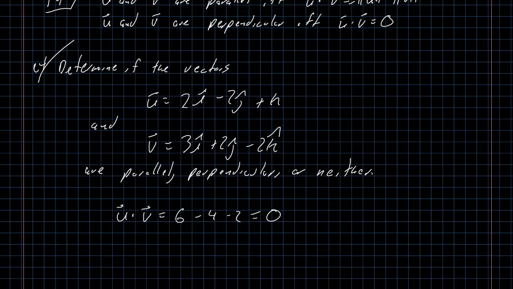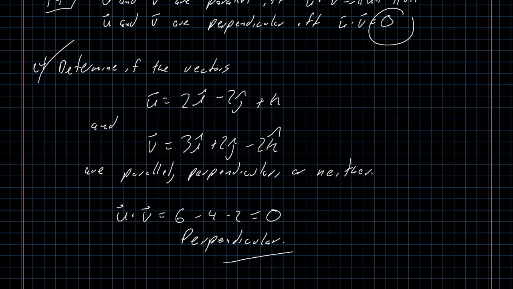That's the easiest case. If the dot product is 0, then the vectors are perpendicular, no further questions to ask.